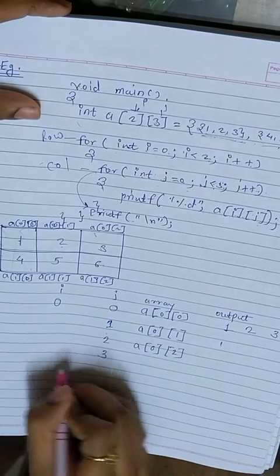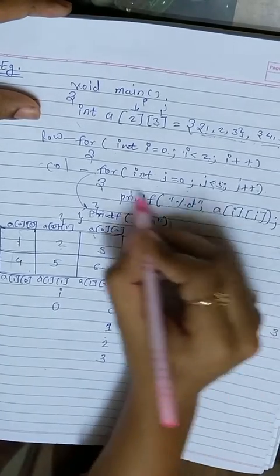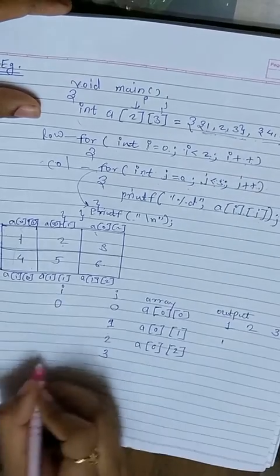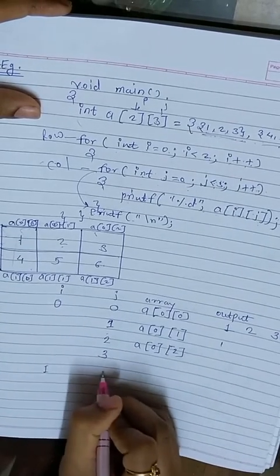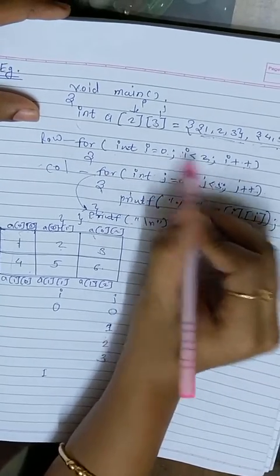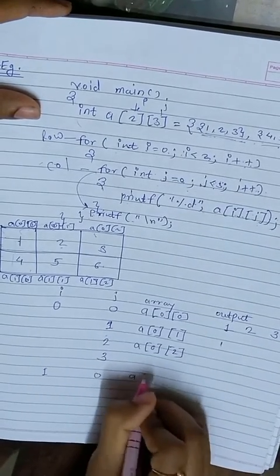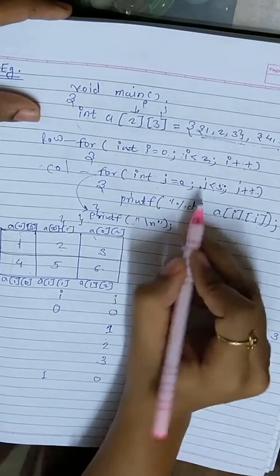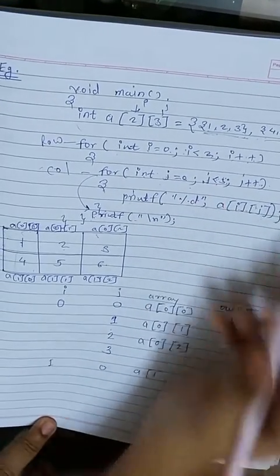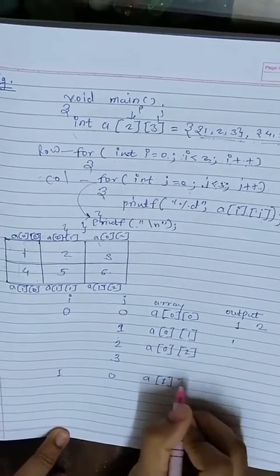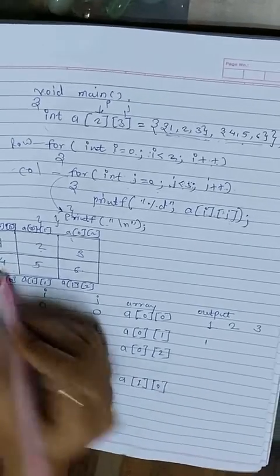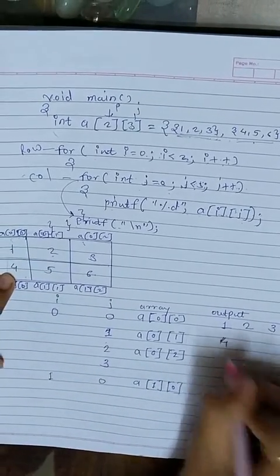Again it will increment i's value, so i will become 1. Again 1 is less than 2. It will initialize j to 0. So A of i j, the condition is true, 1 is less than 3. A of 1 0 is 4.